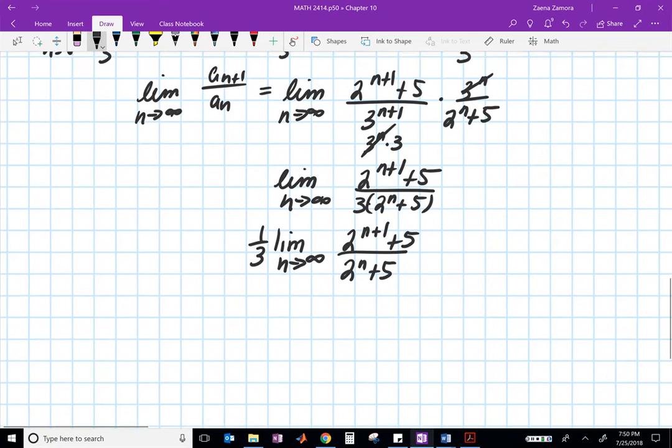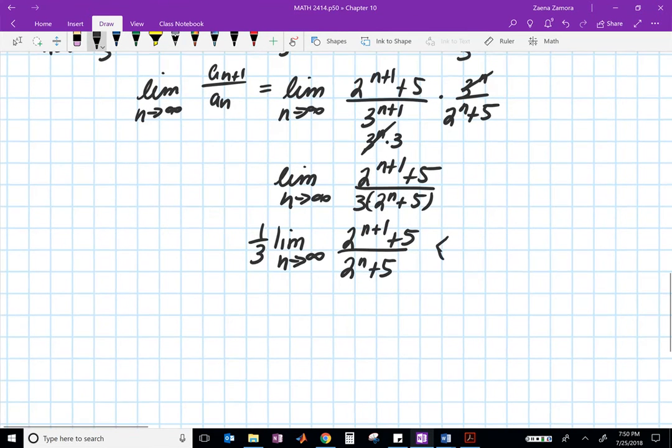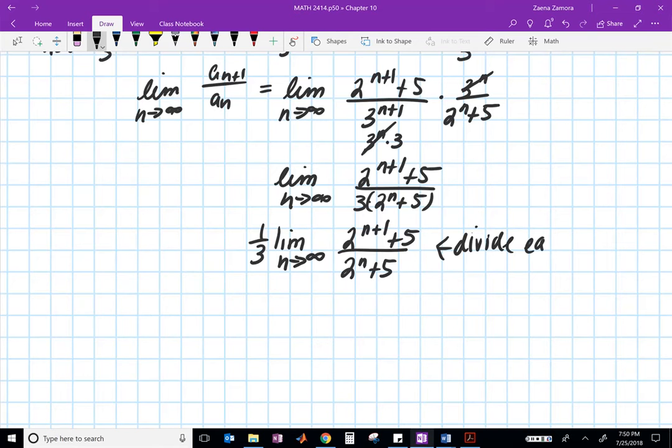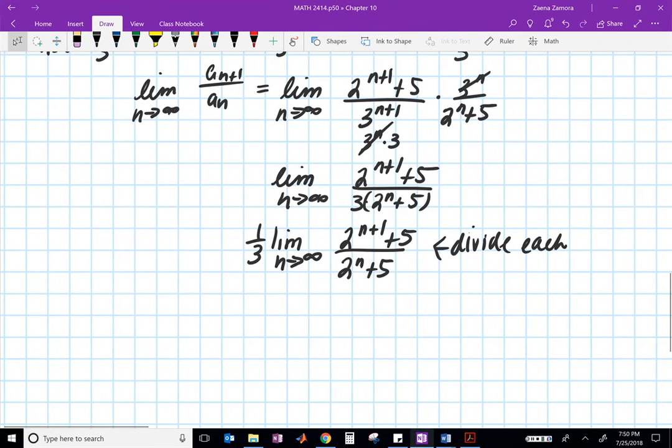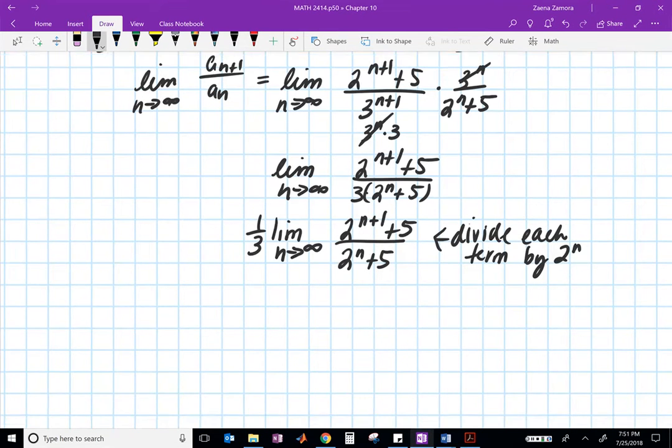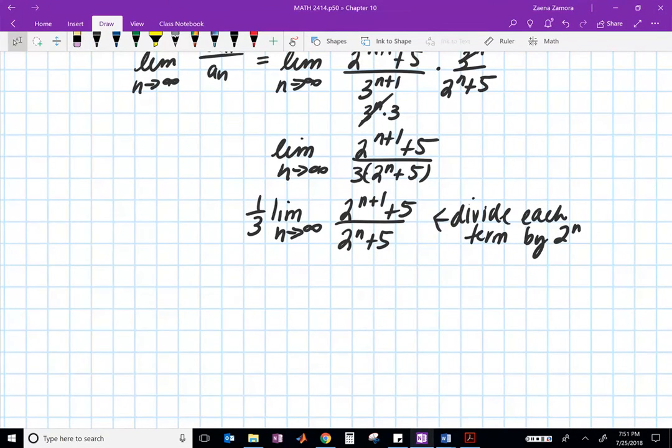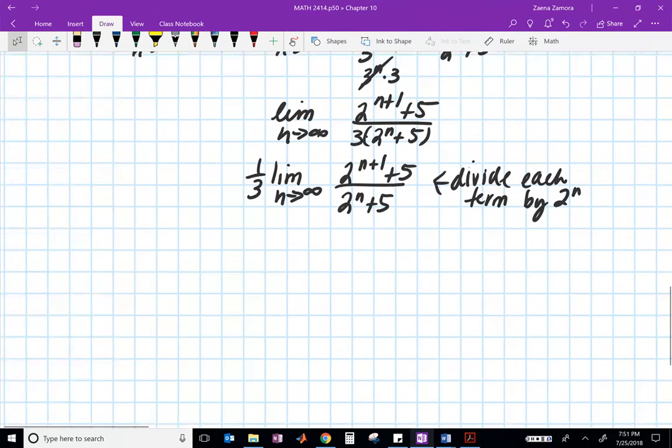So another thing I can do is divide each term by 2 to the n to make it a little bit easier to deal with.